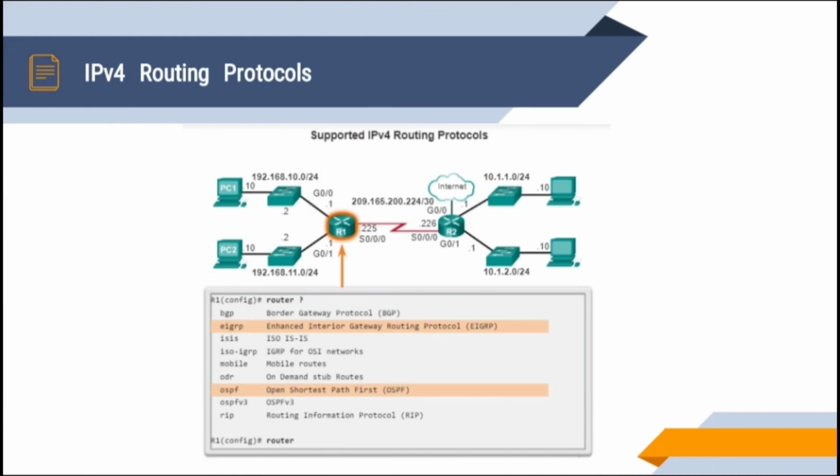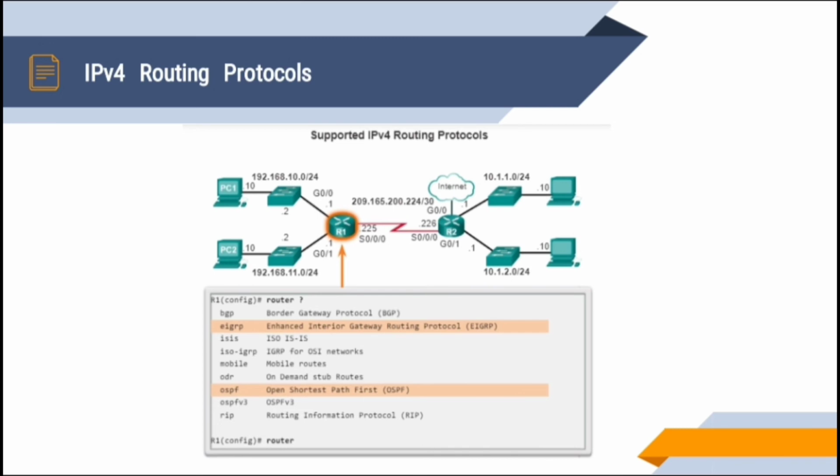We are now on the second subtopic of dynamic routing protocols, which is the IPv4 routing protocols. A router running a dynamic routing protocol does not only make a best path determination to a network, it also determines a new best path if the initial path becomes unusable or if the topology changes.